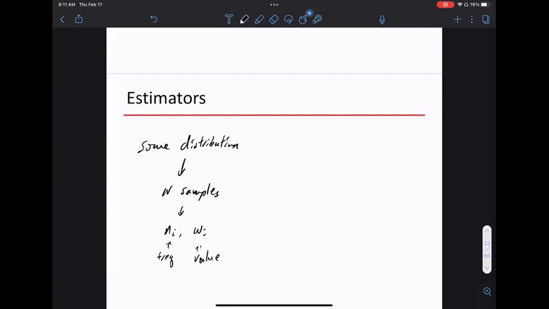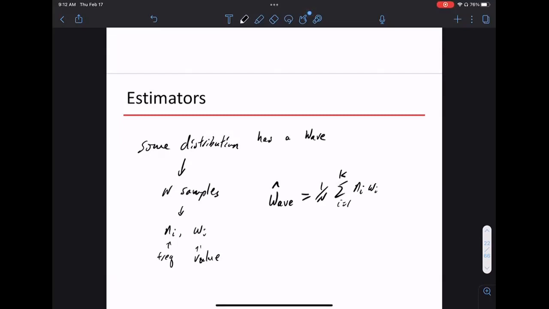So we can do this kind of empirical calculation. We can compute this number. Okay, we can build this number.